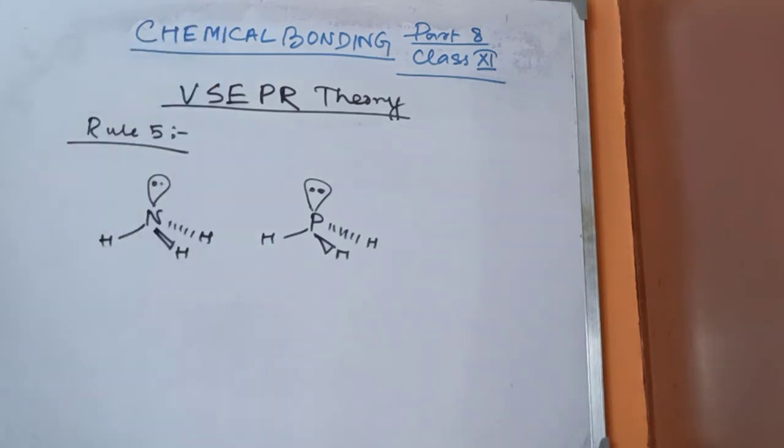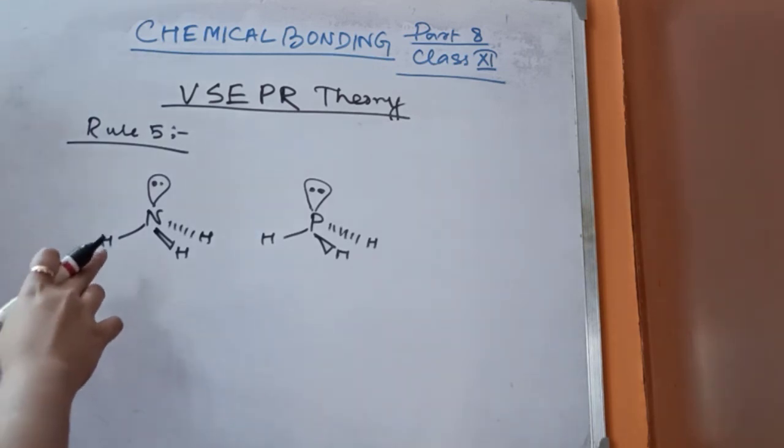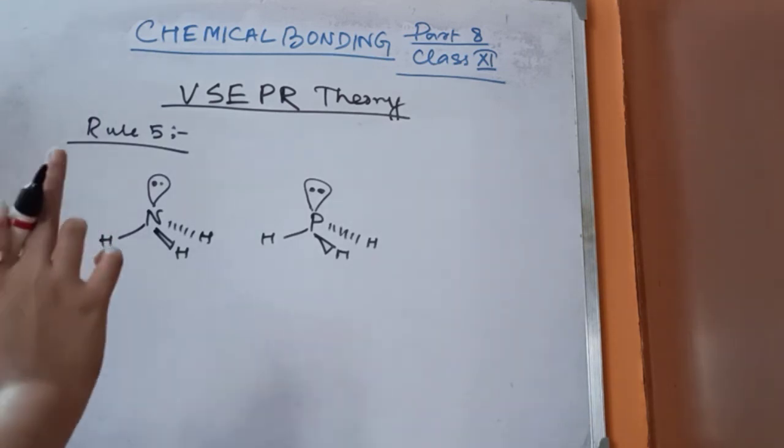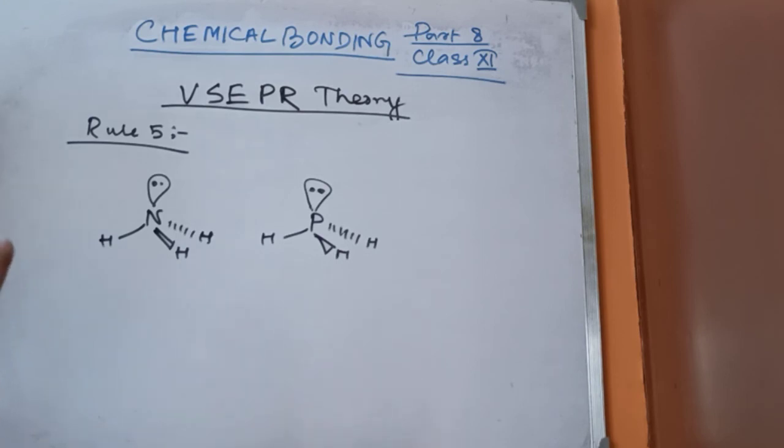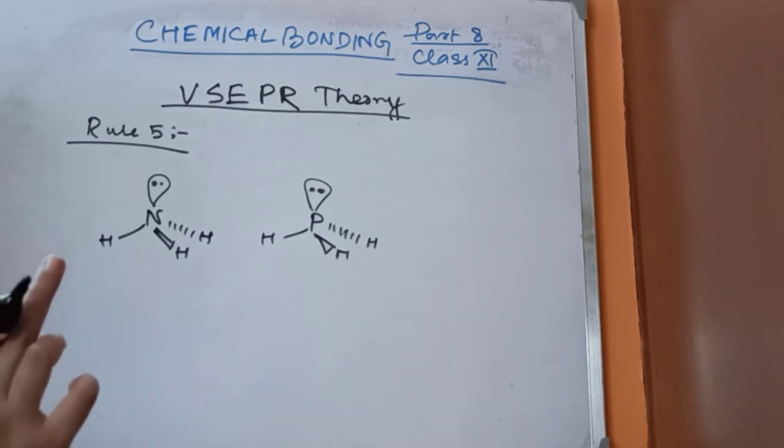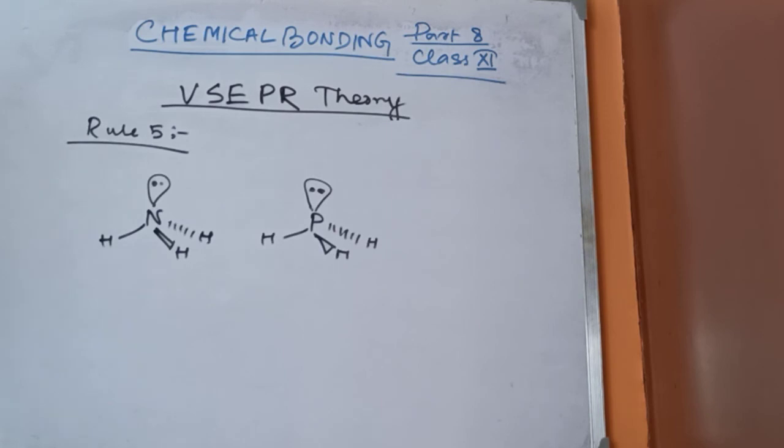That will cause a greater repulsion towards bond pairs or other lone pairs, which will result in the contraction of the bond angle compared to those which do not have incomplete valence shells. Now look at this.